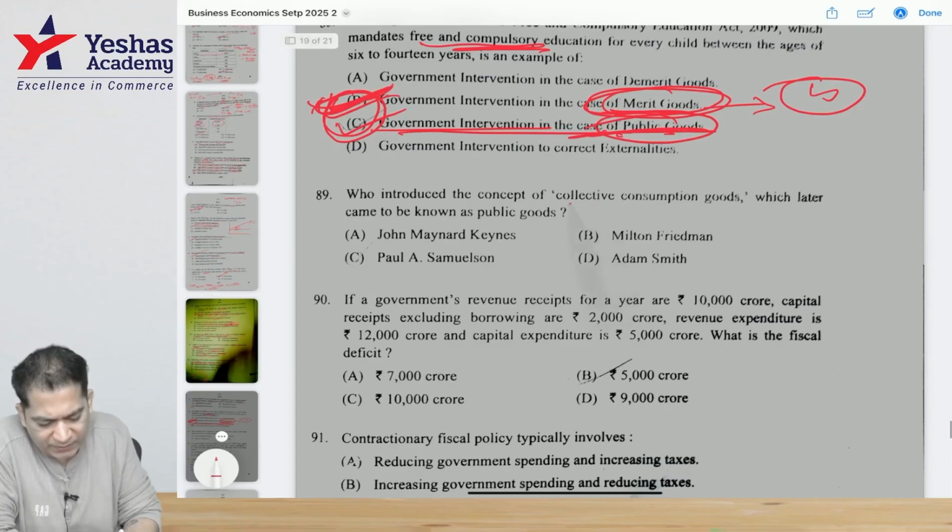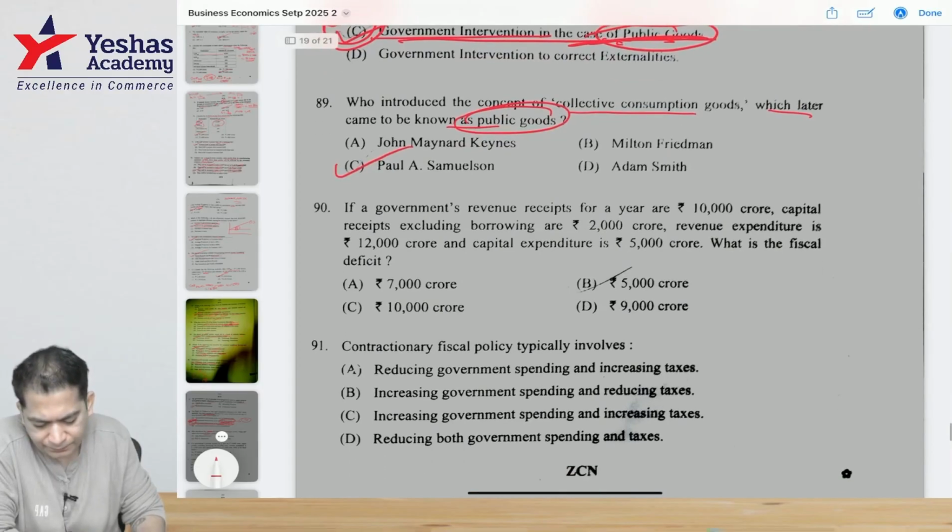Who introduced the concept of collective consumption, which later came to be known as public goods? Paul A. Samuelson gave the concept of public good. Direct question. If government revenue receipt for a year is 10,000 crore, capital receipt excluding borrowing, it means non-debt capital receipt, is 2000 crore. Revenue expenditure is 12,000.